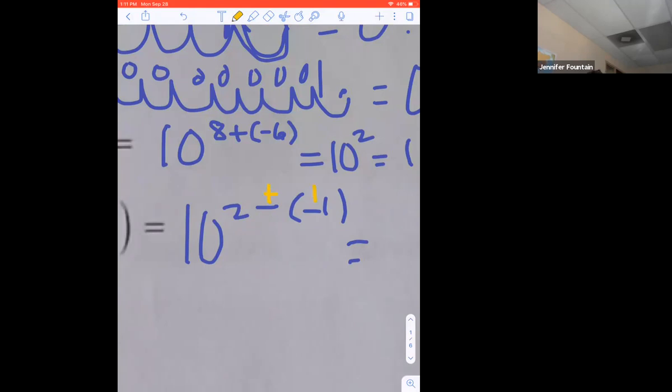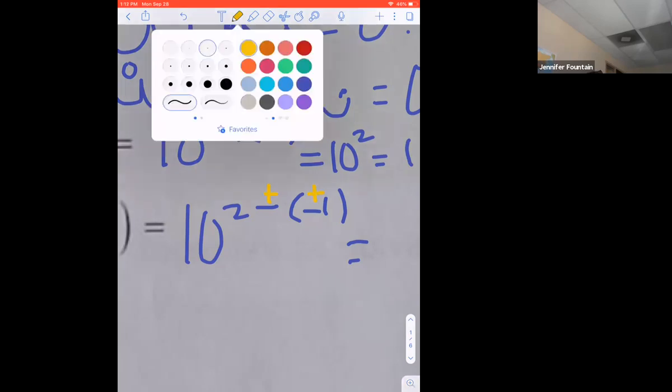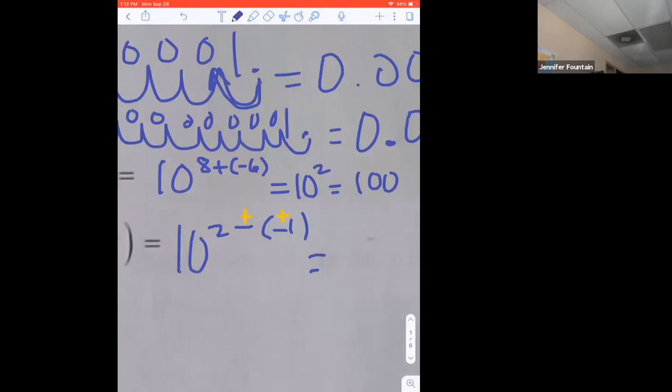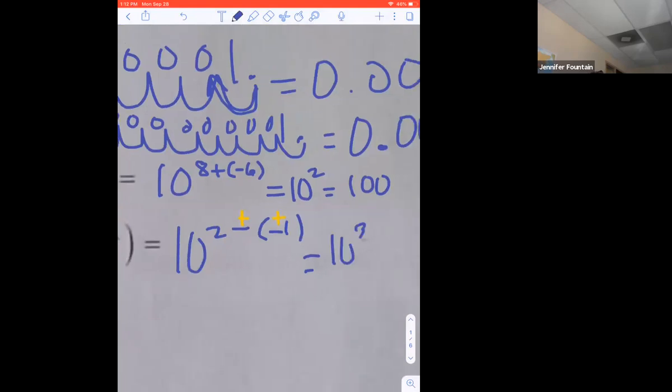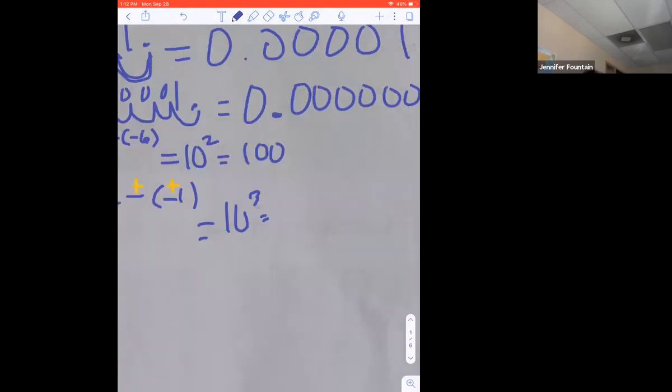It is a negative, so now it's a positive. So now I went from 2 minus a negative 1 to 2 plus a positive 1. And 2 plus 1 is 3, so now I have 10 to the third, which simplifies to 1,000. Any questions about that? Everybody good with that?